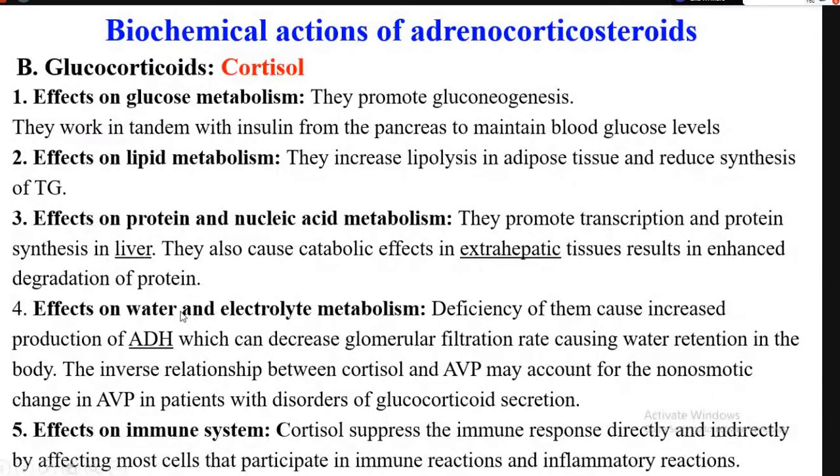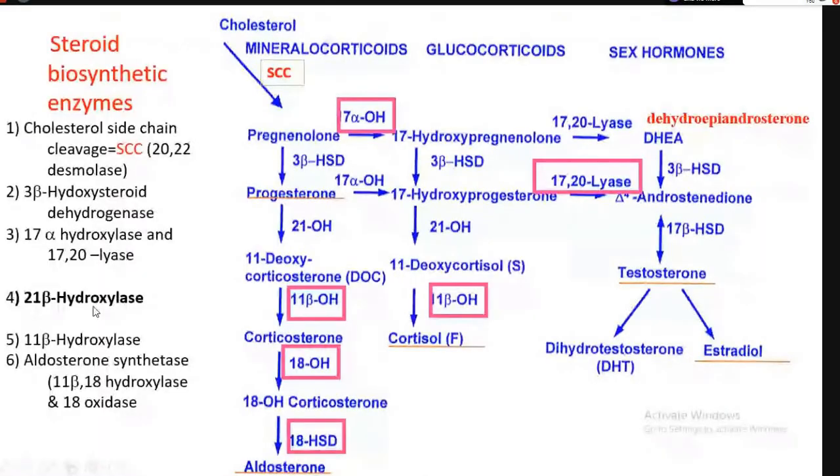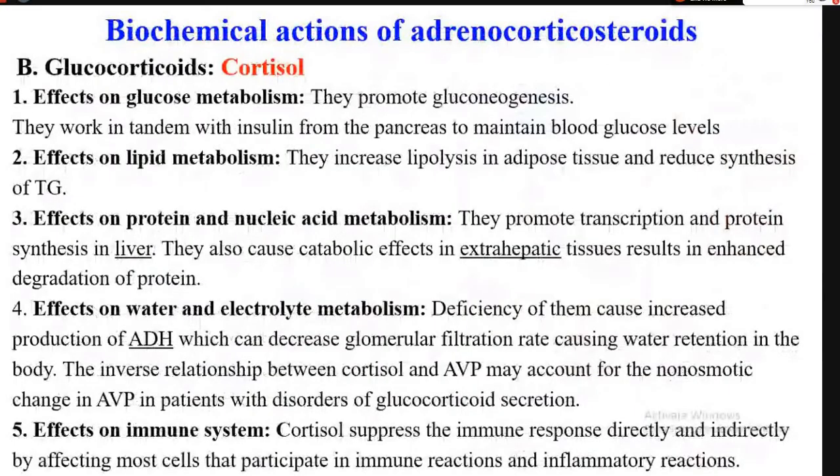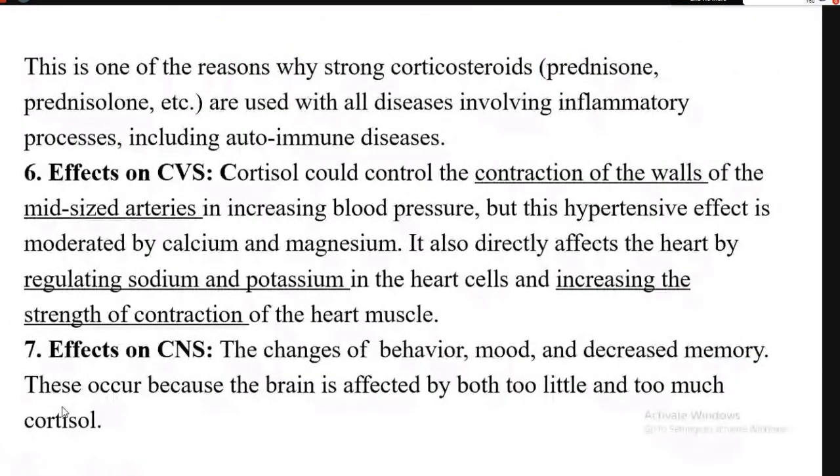So you can write an essay on the biochemical action of cortisol, about 2, 3, 4 pages: effect on glucose metabolism, lipid metabolism, protein and nucleic acid, water and electrolyte metabolism, effect on immune system. Then others are still there.